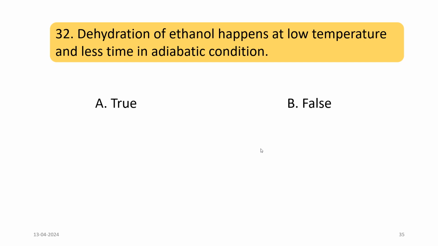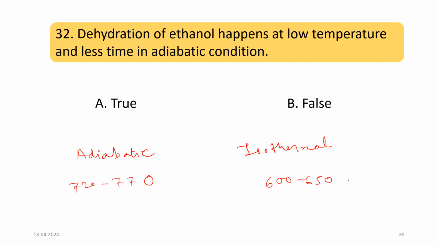Ethanol dehydration can happen in two ways: one is the adiabatic way and the other is the isothermal way. For the adiabatic case, the temperature is maintained at 720 to 770 Kelvin, and for isothermal it is 600 to 650 Kelvin.